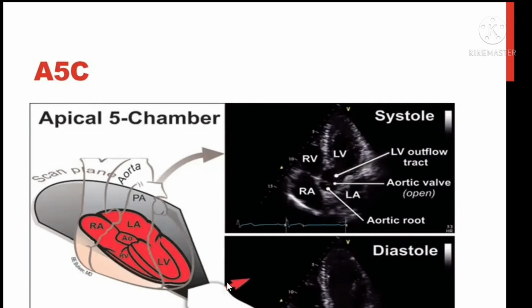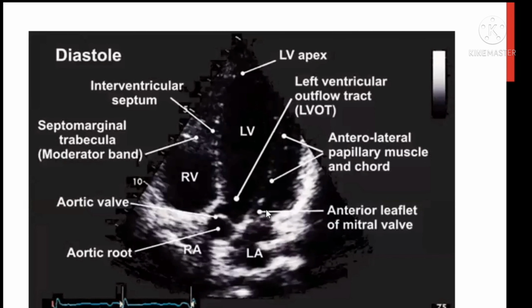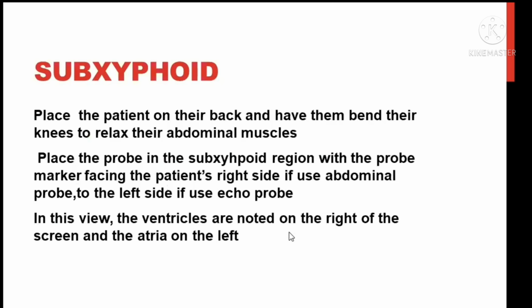So you look at the apical 4 chamber, and that means the aortic valve. So this is the aortic valve. When you open it, you will see the aortic valve. So this is apical 5 chamber: aorta, LV outflow tract.